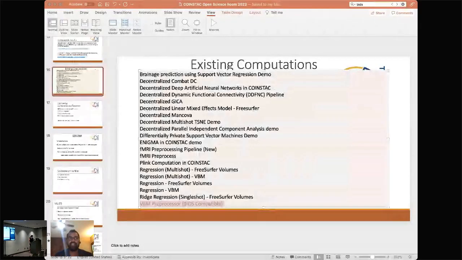So for the vault data, we expose the information, like how many subjects there are, and all the computations you can run. These are the papers related to that vault data. But as for the consortia, we don't have any metrics. Of course, if you're the consortia owner yourself, you can log into COINSTAC and see the projects you have run in the past and who you have collaborated with. But it's not made public to the open world.